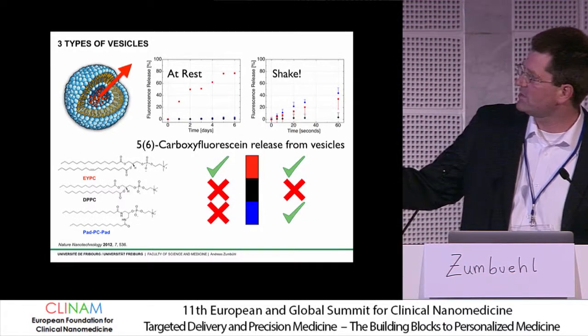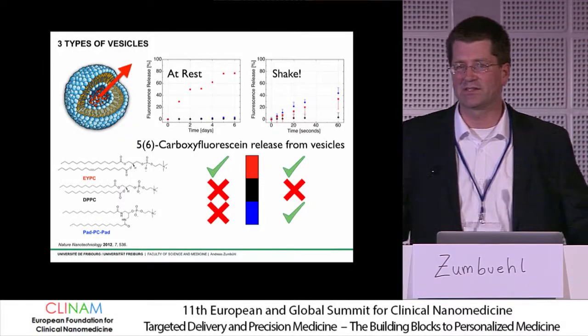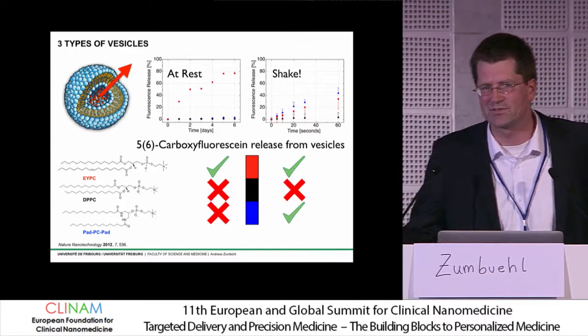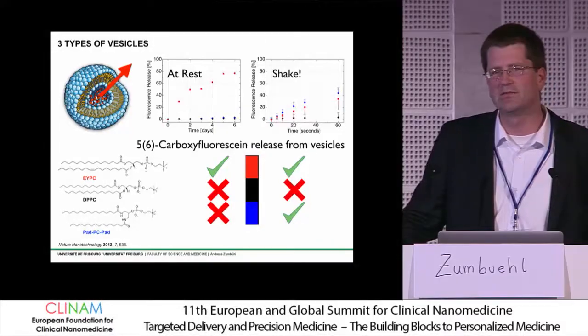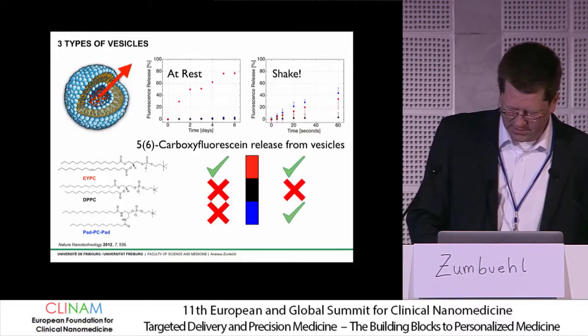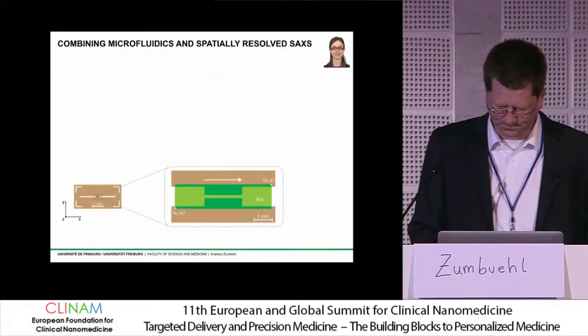The PAD is the very first vesicle that actually has some selectivity to shear stress. When you let the liposome stand on a bench, it is tight. When you start to shake it, it will release the cargo. And that's why we hope to use it for treatment of acute myocardial infarction.